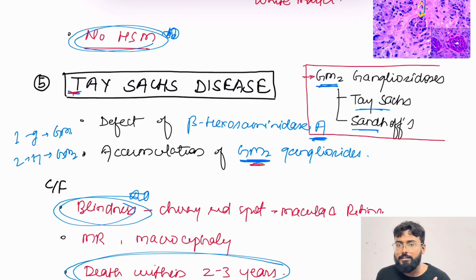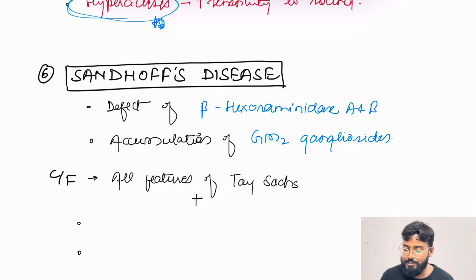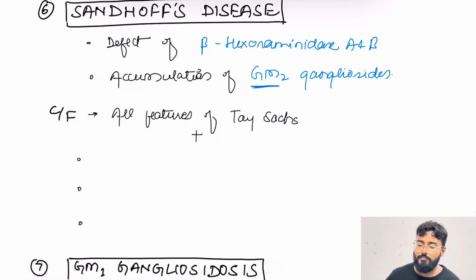In Tay-Sachs, the enzyme deficiency is your beta hexosaminidase A, and in case of Sandhoff, the enzyme in deficit is your beta hexosaminidase A and B both isoforms. In both these cases, there will be accumulation of GM2 gangliosides.